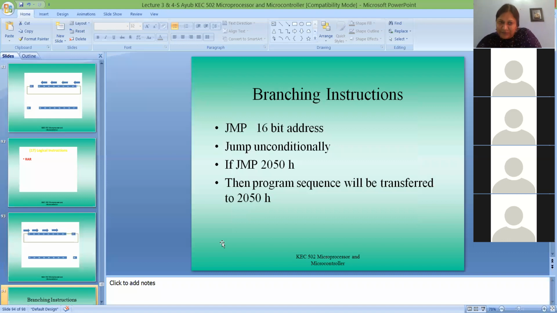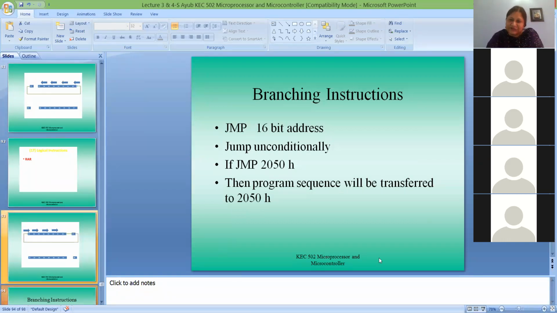So this is your assignment: you have to tell me the contents of accumulator after execution of RAL and after execution of RAR if your initial carry is 0. Understood? Next we'll see the branching instructions. Is everybody clear with rotate instructions? Yes, ma'am. You have to practice it, because just now you have understood it, but when you work with it, you will understand it better.